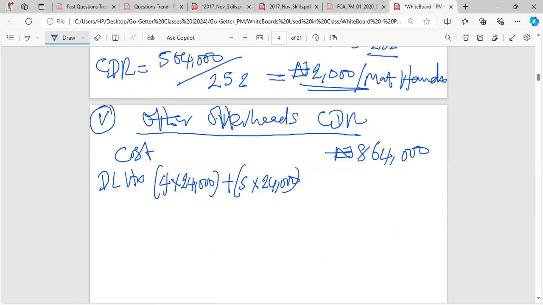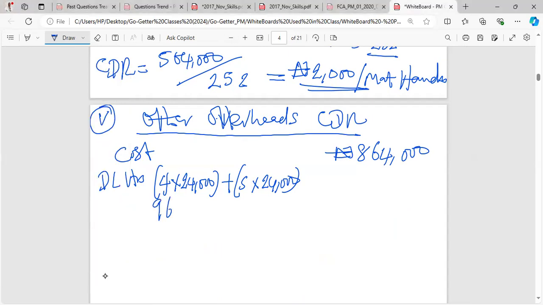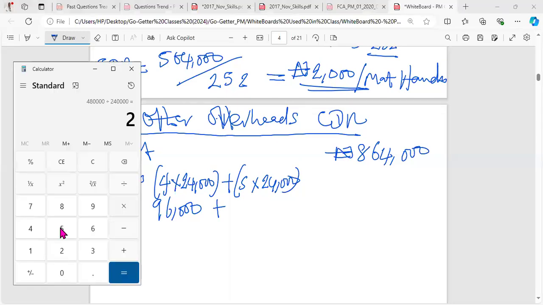Okay, so what we have here is 4 times 24,000. That gives me 96,000 here already. And the other one is going to give us 120,000. We have 5 times 24,000, it's going to be 120,000.